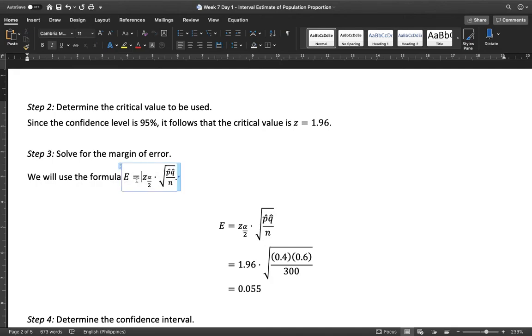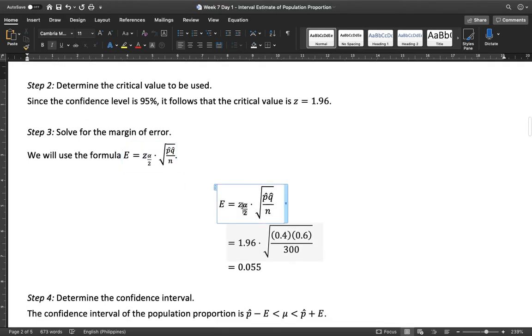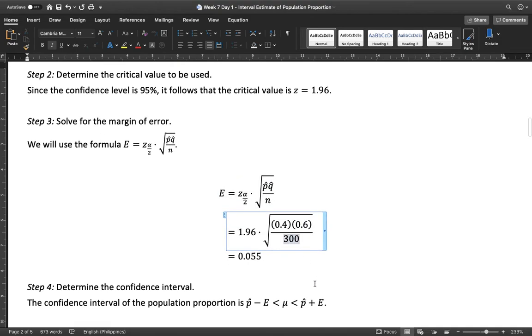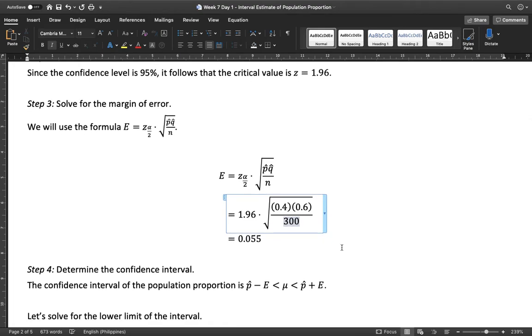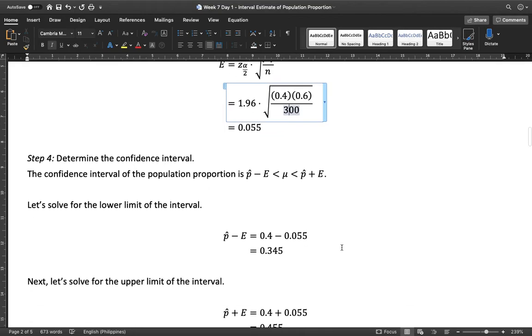So, E equals critical value times the square root of p hat times q hat divided by n. Ang critical value natin, 1.96. P hat natin, 0.4. Q hat, 0.6. N, 300. Use our calculator, solve for that, we get 0.055. That's our margin of error and we determine the confidence interval.